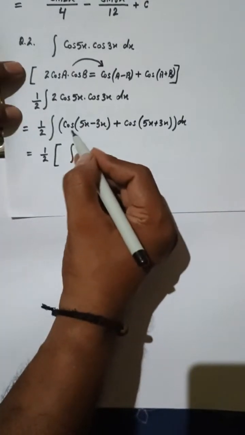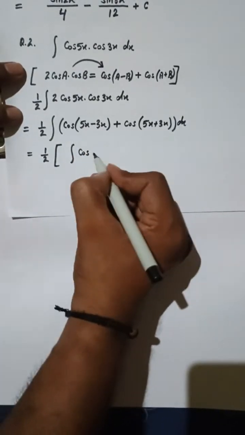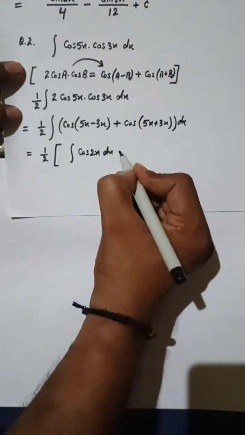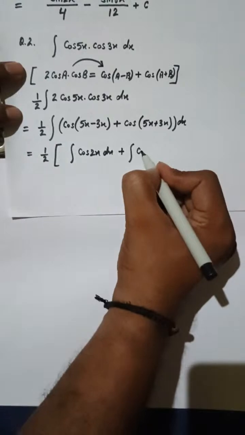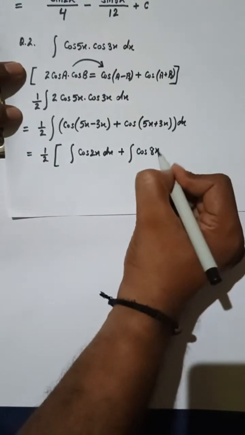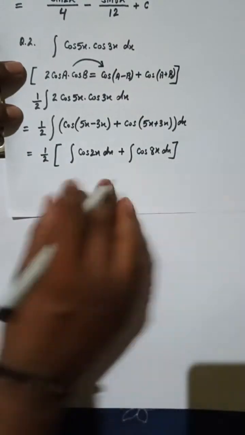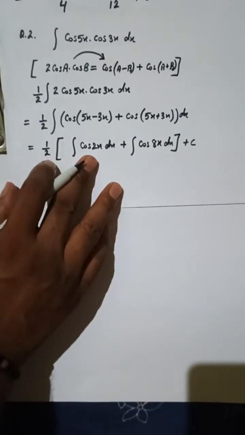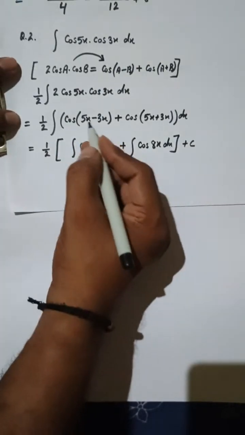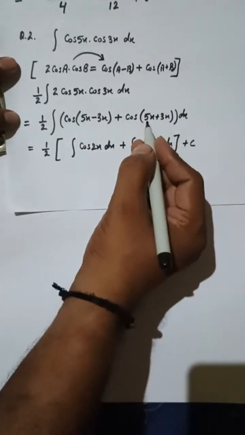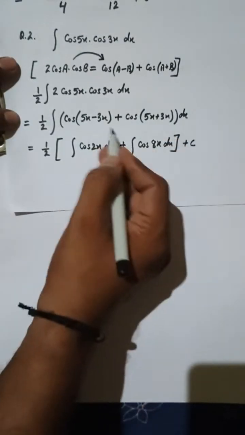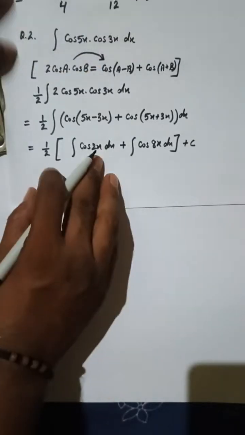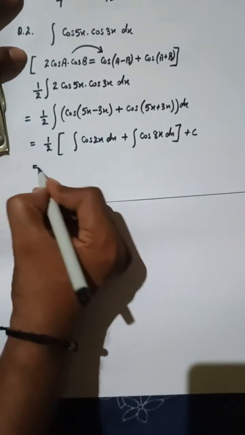So cos(5x minus 3x) is cos 2x dx, and then integration of cos 8x dx plus c. Now we need to do the integration because the transformation has already been done: 5x minus 3x plus 5x plus 3x gives us cos 2x plus cos 8x.